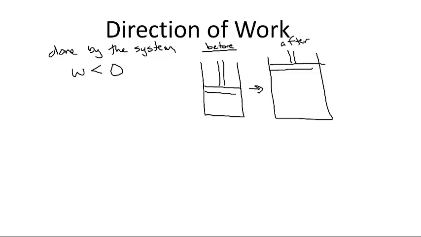If this gas does work and pushes on the piston, what about the energy of that system now? Did it give up energy or did it get energy in? It gave up some of its energy. In order to do that work, energy is required. So that's why we say the work is less than 0. It's losing its energy to do work.